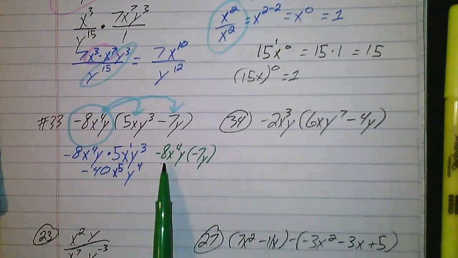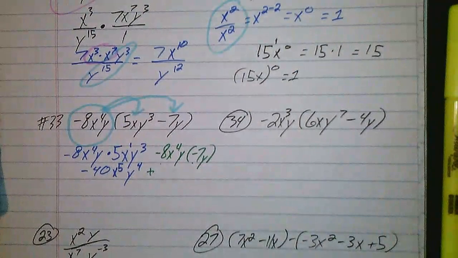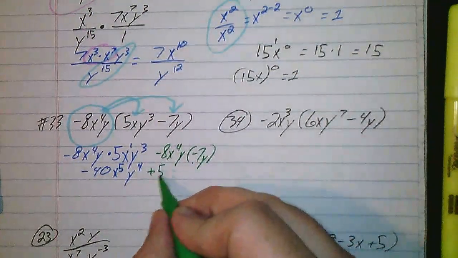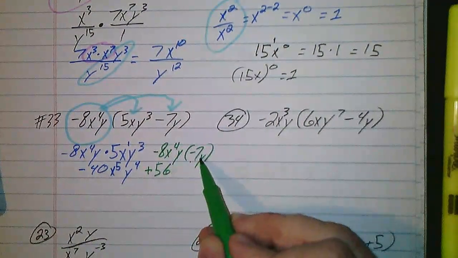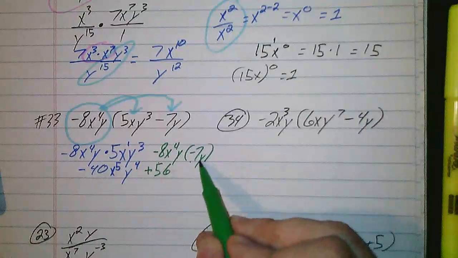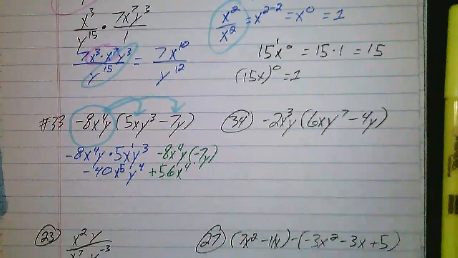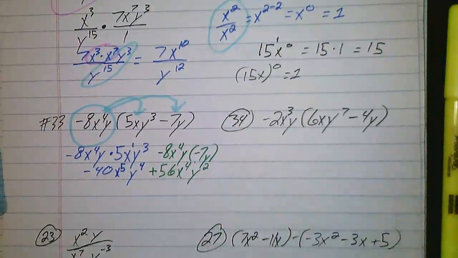Here, it's a negative times a negative, so that makes a positive. So negative 8 times negative 7 is positive 56. X to the fourth, there's no x over here as part of the negative 7y, so it just remains as x to the fourth. But then y times y is y squared.